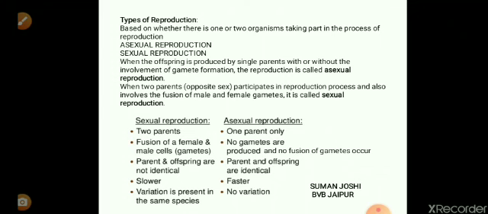In sexual reproduction, of course, 2 parents are involved. So the formation of gametes occurs and the fusion of gametes, that is fertilization process, occurs. Then parent and offsprings are not identical because some events occur in sexual reproduction, that is the formation of gametes, where the crossing over and recombination process is the major step where the variation occurs.